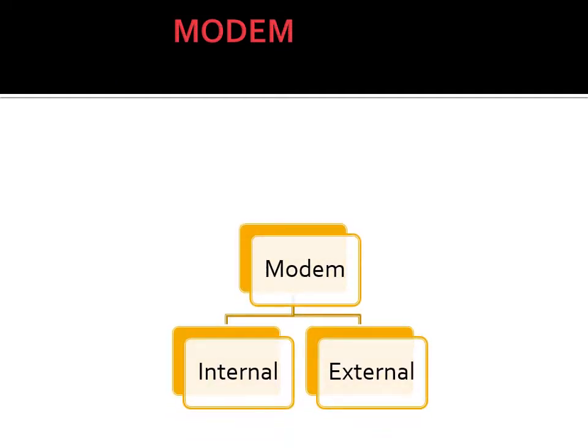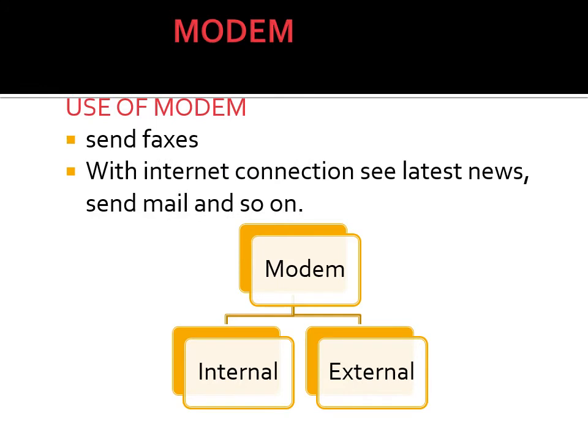A modem has two types, internal modem and external modem. It is used to send fax, and through net connections we can see the news, send mail and watch video.